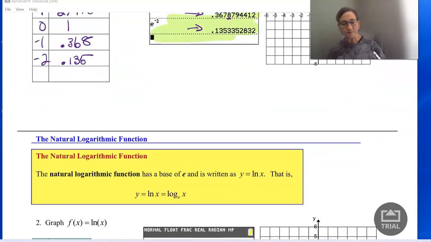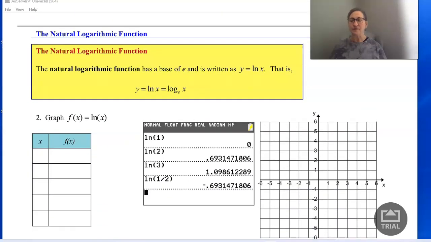Okay. So now let's look at our natural logarithm. A natural logarithm is a base e. So we write our natural log as y is equal to natural log x.